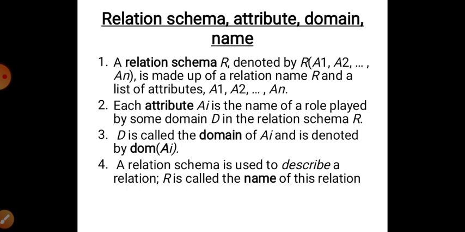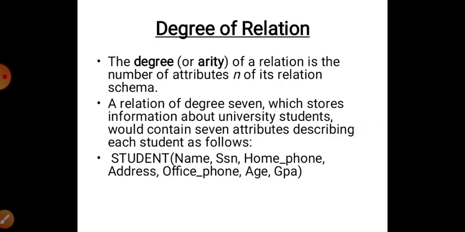Point number 4. A relation schema is used to describe a relation. R is called the name of this relation, capital R. Degree of relation. The degree or arity of a relation is the number of attributes n of its relation schema.